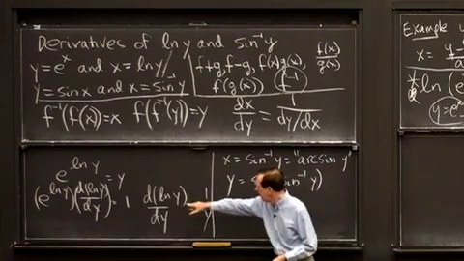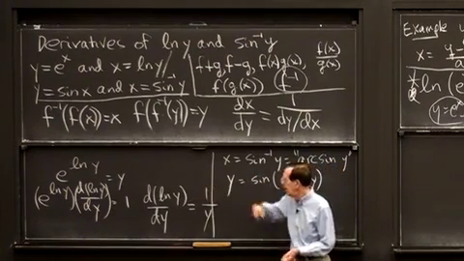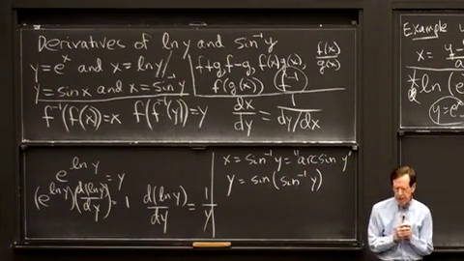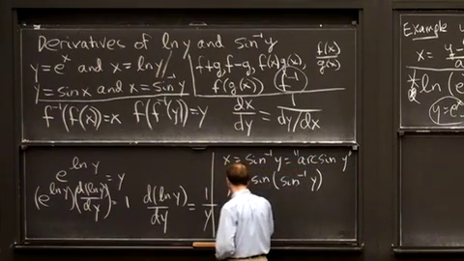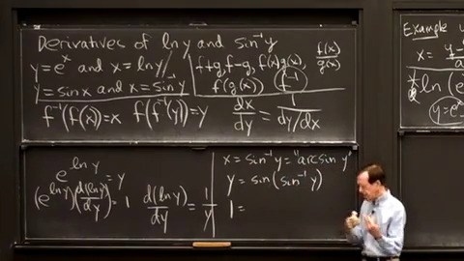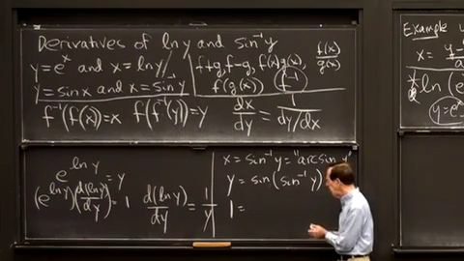I'm just going to copy this plan, but instead of e, I've got sines here. So take the y derivative of both sides. Well, I always like that one. The y derivative of this is the chain rule. So I have the sine of some inside function.